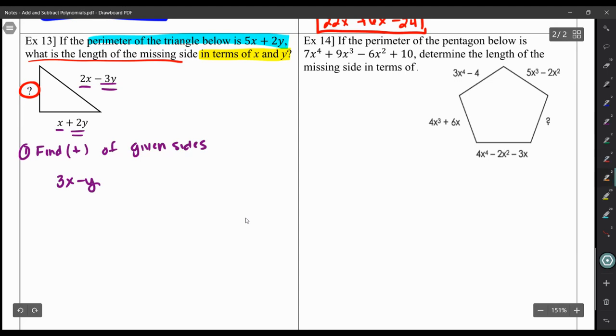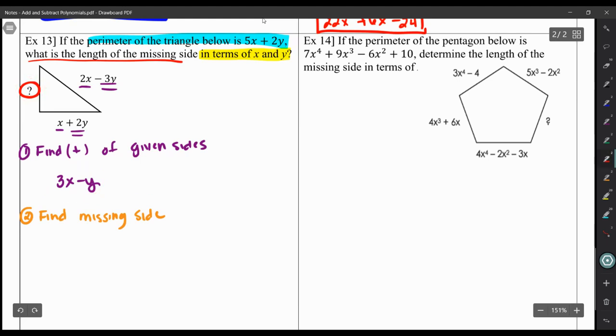Then, to find the missing side, that's step 2. Find a missing side. And we do that by, let's think. If this is the perimeter, and I know that this plus this missing side has to give me the perimeter of 5x plus 2y, well, that means if I take 5x plus 2y, subtract out what I already have, will give me the third side that I'm missing.